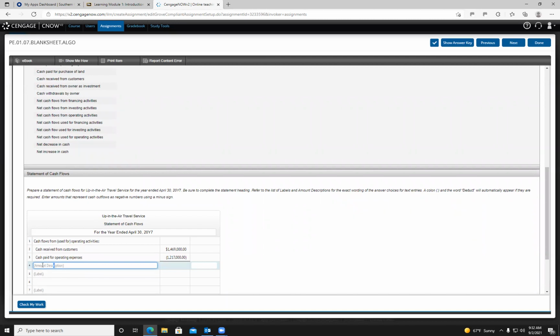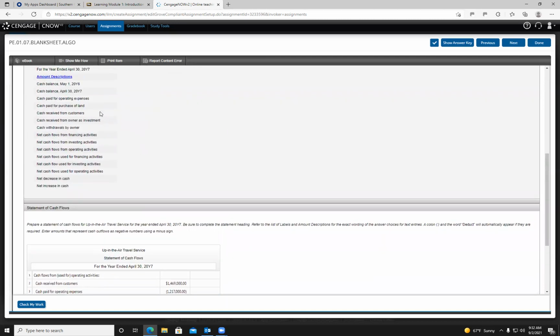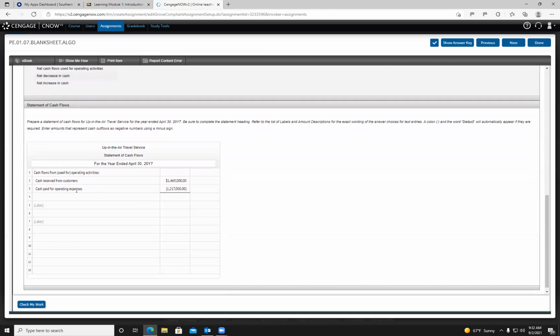this is going to be an account description. So we come up here and we're looking for an account description. And this is net cash flow from operating activities. You plug that in.